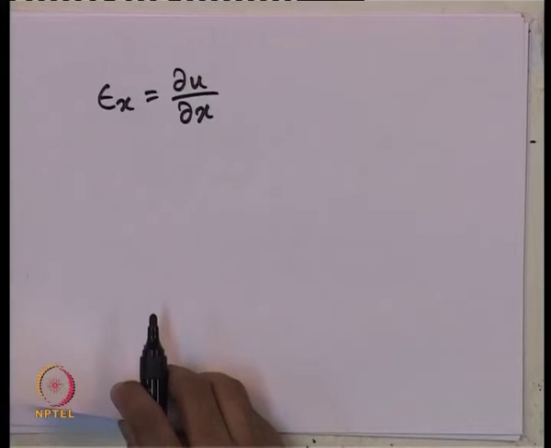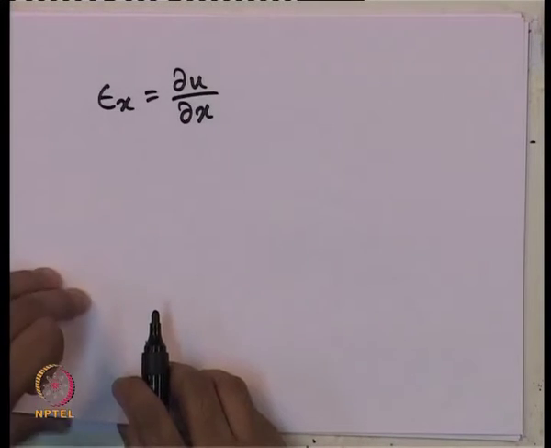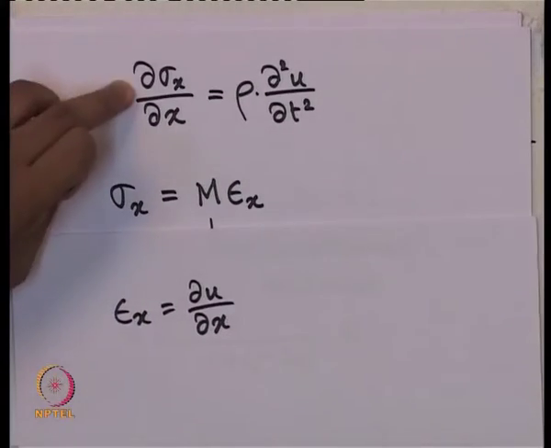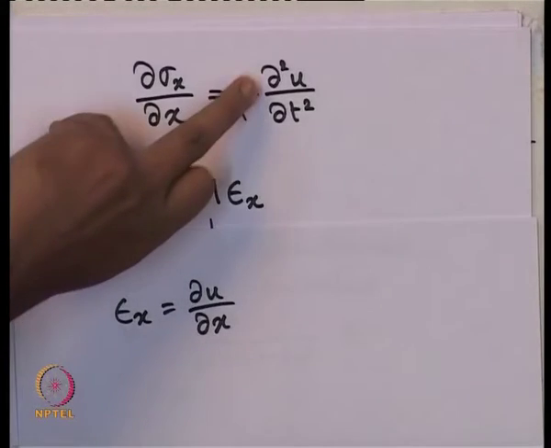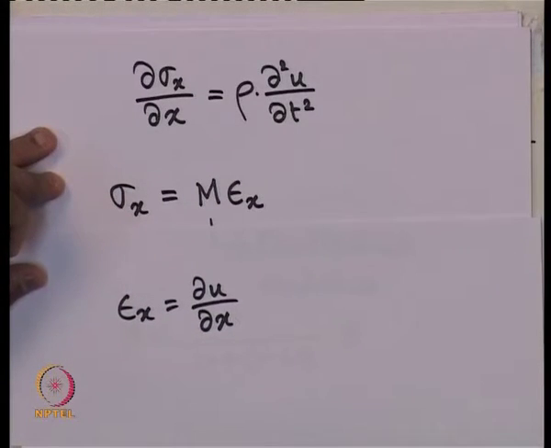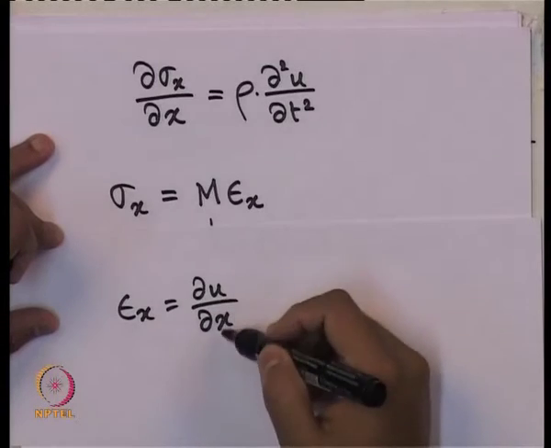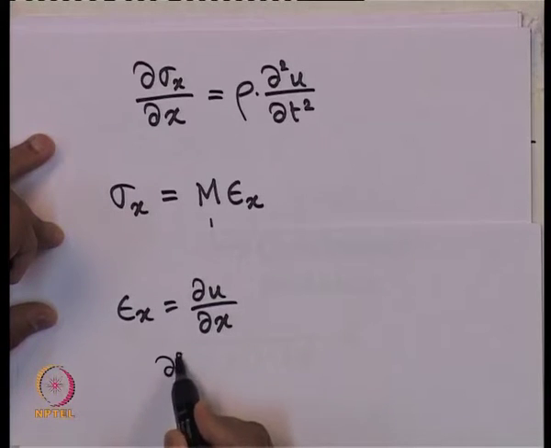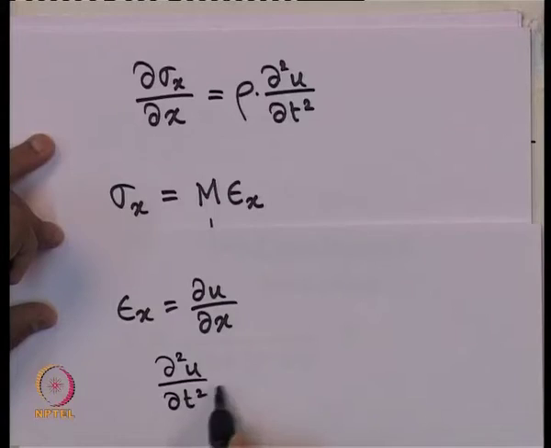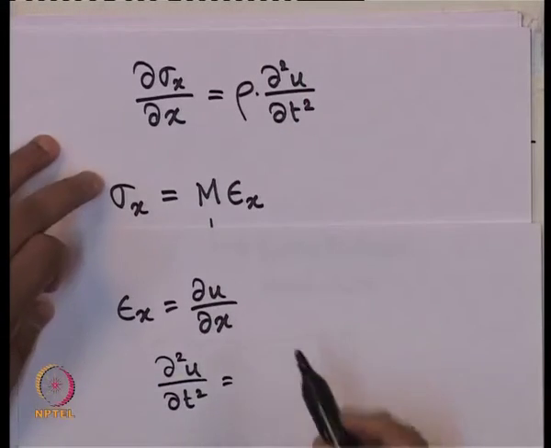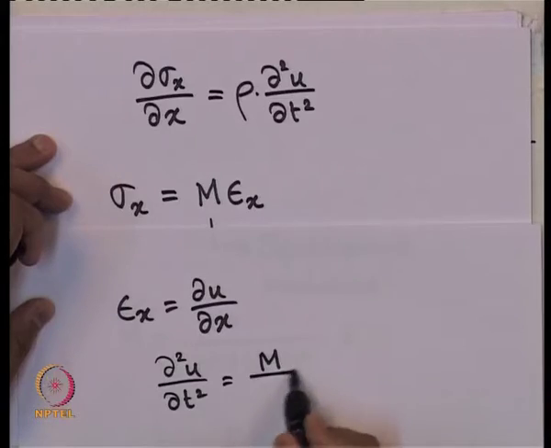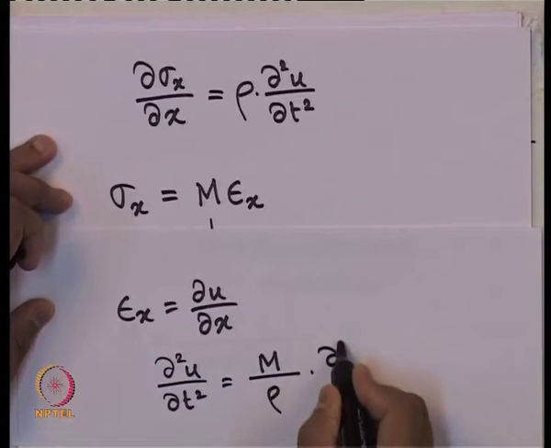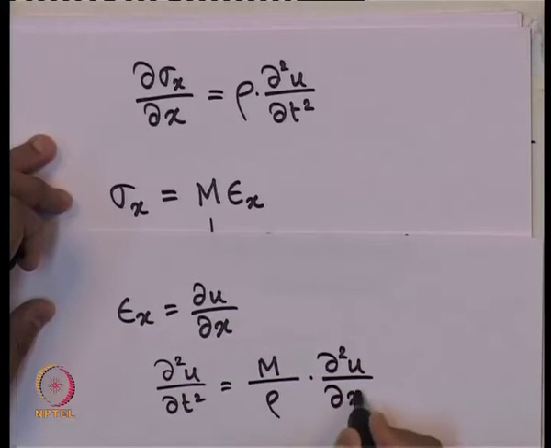So, if we put these expressions in our first equation, that is del sigma x del x equals to rho times del 2 u by del t square, in terms of these two, we can simplify it and rewrite it as del 2 u del t square, that is this side I am writing first, is equals to m by rho, rho goes here, del 2 u by del x square.